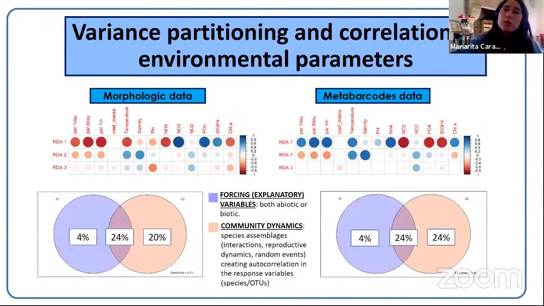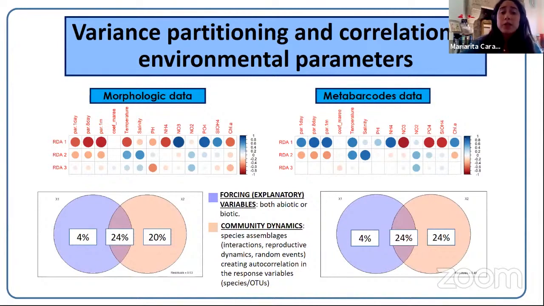We also tried to understand which environmental parameters were connected with those temporal patterns: the winter-summer in the first axis and the spring-autumn in the second axis. So we used a Spearman correlation between the selected environmental parameters and the RDA axes. In the first axis, with the winter-summer seasonality, most of the correlation was with light-related parameters like photosynthetic active radiation, temperature, and macronutrients.